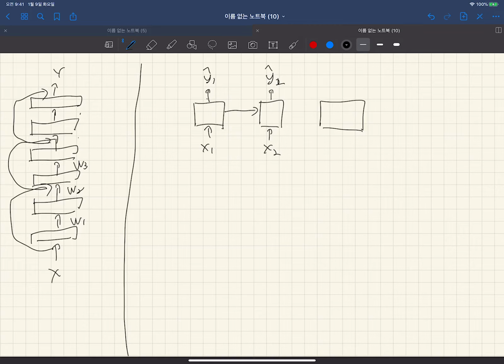And here our belief is this hidden state abstracts all the information on x1 and y1 hat, so that this output can model this property. Then y3 as well. You can design this network.